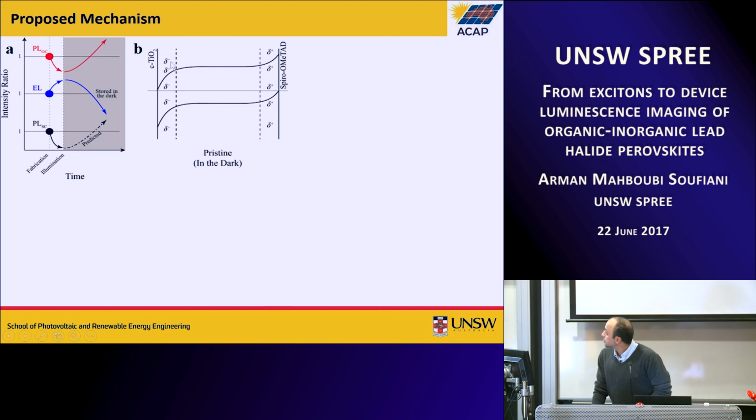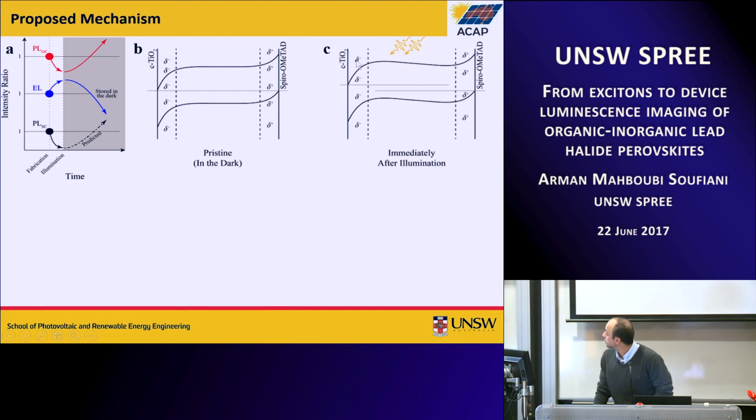Negative ions move to the titanium side and accumulate there, assuming that you have a fixed charge concentration. They actually narrow the Debye layer, increase the band bending, and increase the electric field. The same happens at the spiro side. This is in the dark.